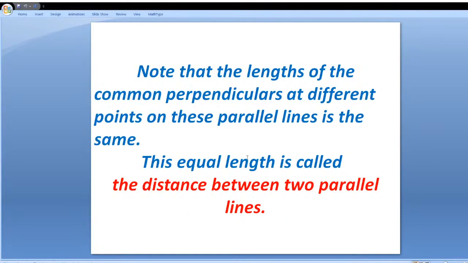So note that the length of the common perpendiculars at different points on these parallel lines is the same. This equal length is called the distance between two parallel lines.